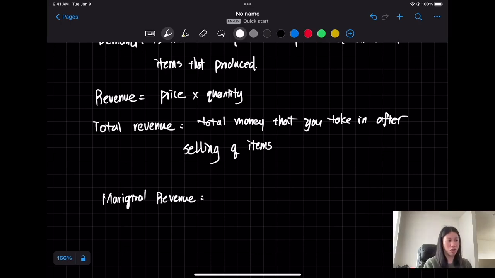And then you also have marginal revenue. So how do we get marginal revenue? It's the same definition when it comes to marginal.